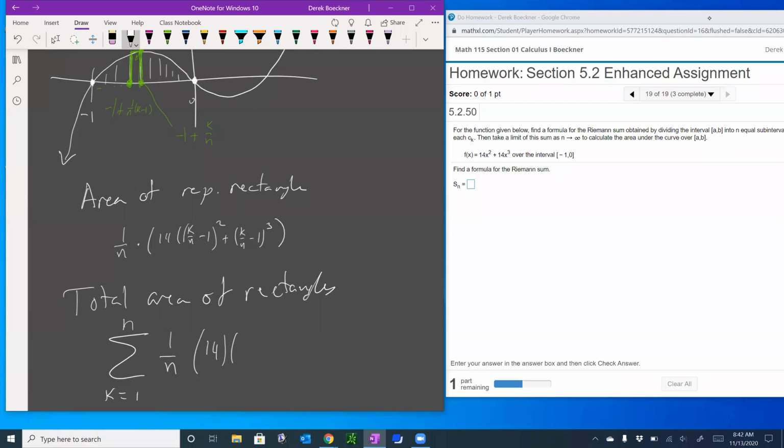I've got a k over n minus 1 squared and a k over n minus 1 cubed added together. All good? I think I have the right number of parentheses. Nope, I've got one too many parentheses. Get rid of that guy.